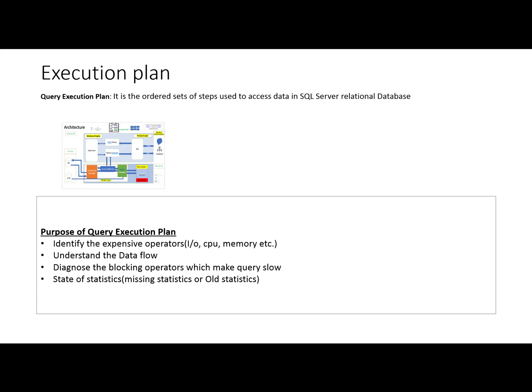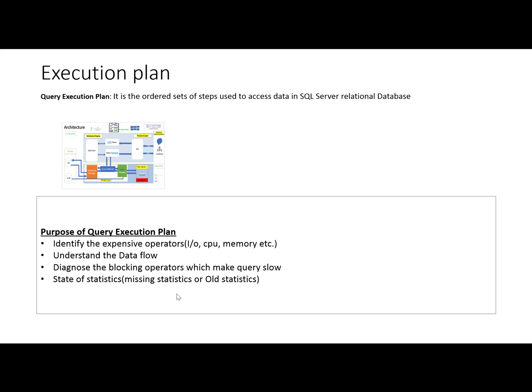Also, we can know the state of the statistics from this execution plan. We can find out if there are any missing statistics, or whether the statistics are updated or not, because statistics play an important role for the execution plan, and they make the query more efficient if they are present and up to date.